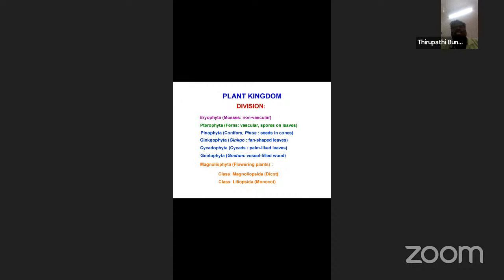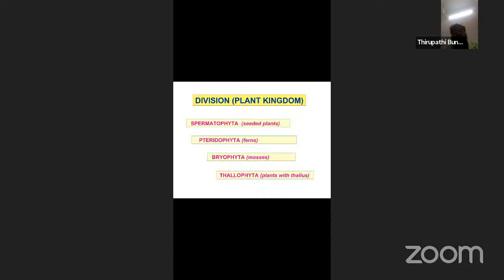Next, in the plant kingdom, Spermatophyta means seeded plants. The Spermatophyta division gives seeded plants. And Pteridophyta belongs to the fern group.